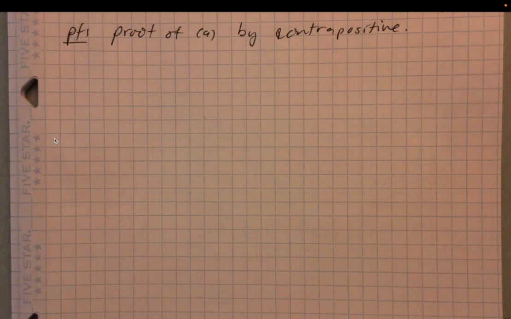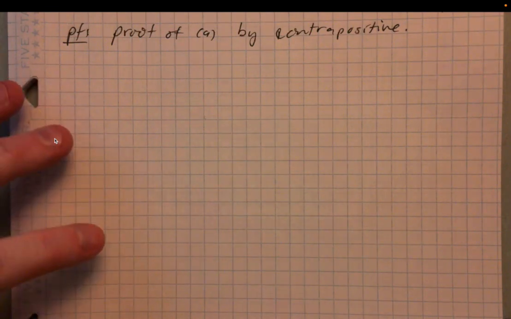My hypothesis is that P is a limit point of E, and my conclusion is that every neighborhood of P contains infinitely many points. So by contrapositive, I'm going to assume that there exists an epsilon neighborhood that doesn't contain infinitely many points, and use that to show that P can't be a limit point.